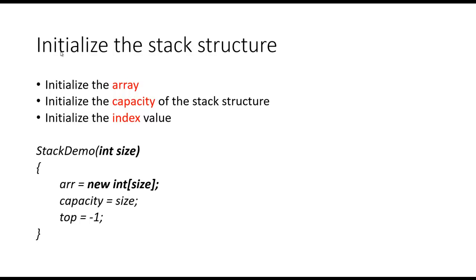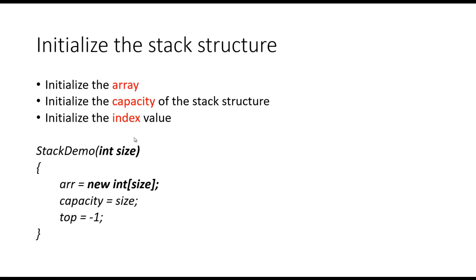Now this initialization is just the declaration of that array. We also have to define the capacity of the stack data structure. Whenever we create a stack, we have to tell what the size or capacity of that data structure is, and then we have to initialize the index value. This value will keep track of the elements we are putting into the stack.